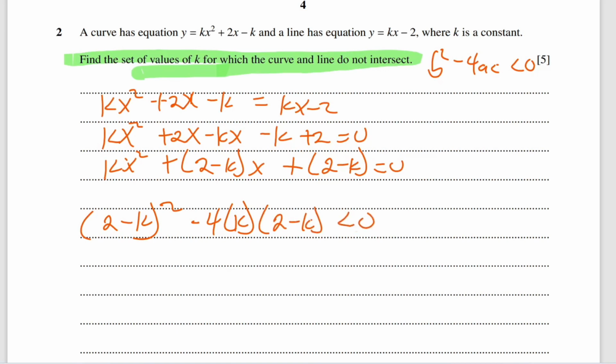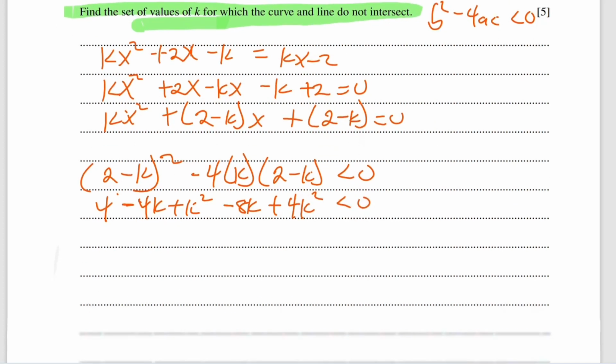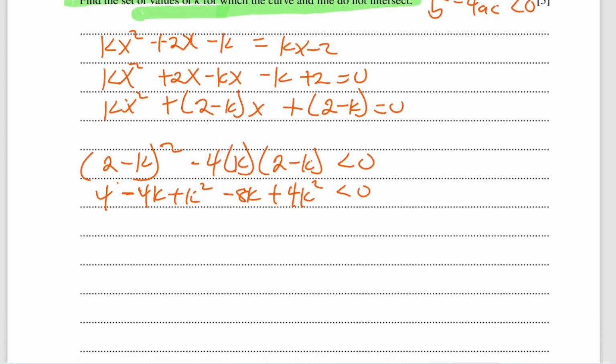All right, and that will be 4 minus 4k plus k squared, and then minus 8k plus, I think that should be 4k squared, right? I hope this thing is correct. So I have 5k squared, and then negative 12k, then I have 4, it's less than 0.